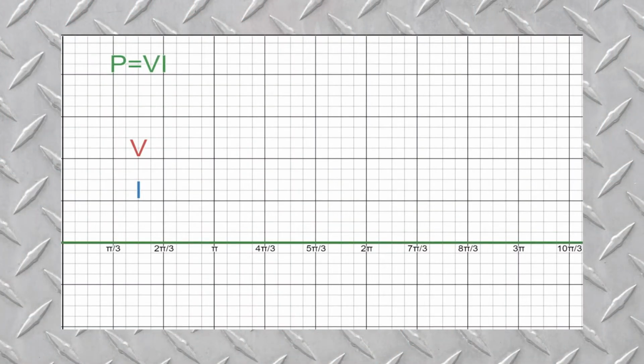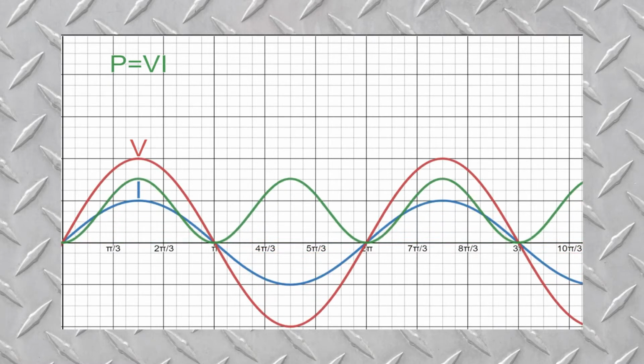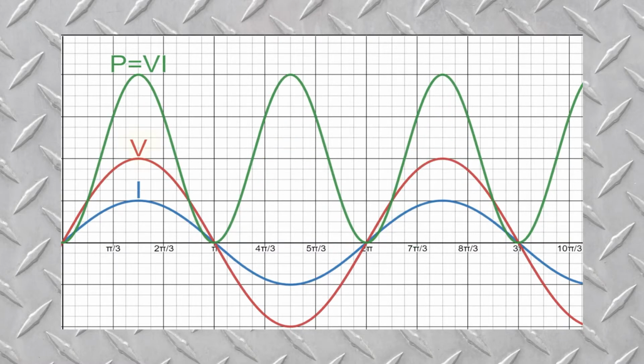This plot here is the phase of a 60-cycle rotation over time. So this will be 60 times per second where you'll see a full rotation. The red refers to the voltage reading, and the blue refers to the amps. The green line is the power produced, labeled as VI, remember Ohm's law, which does give you the power.